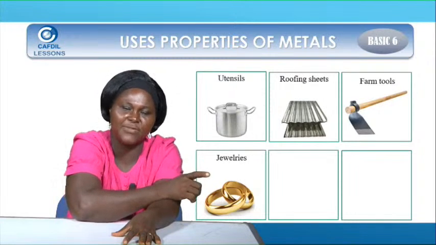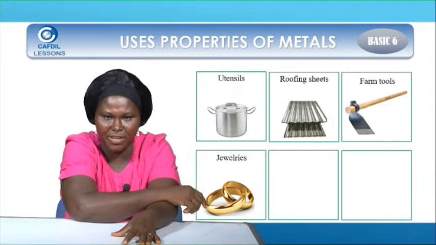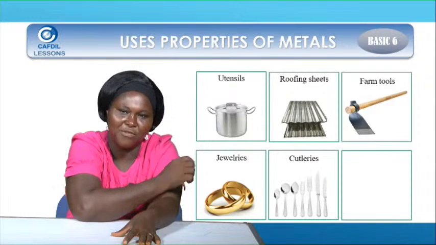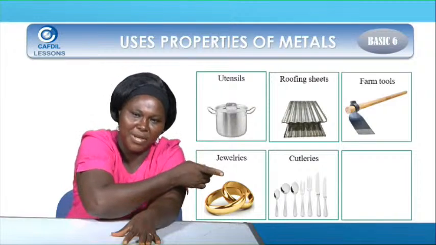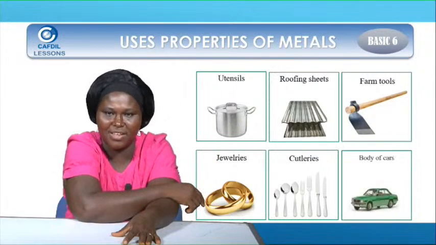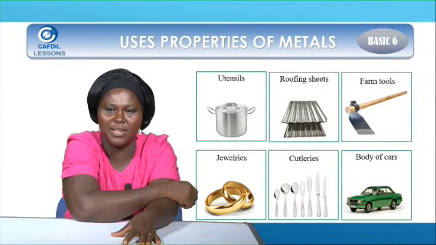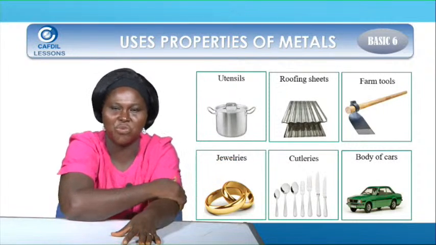And because metal is very shiny, showing the property of lustre, you can use it for jewelries. We have cutleries, and we can also use metals to build the body of cars, as we can see on our screen.